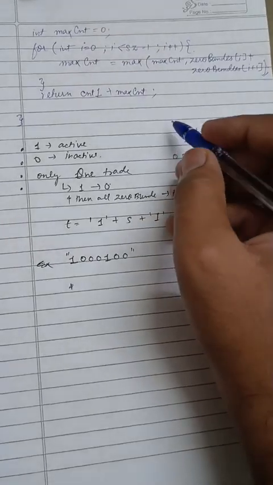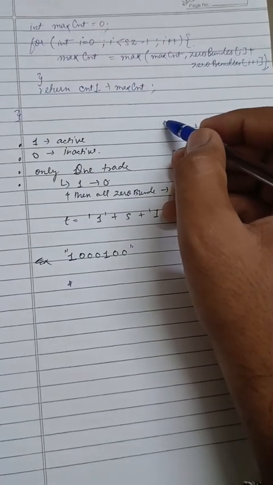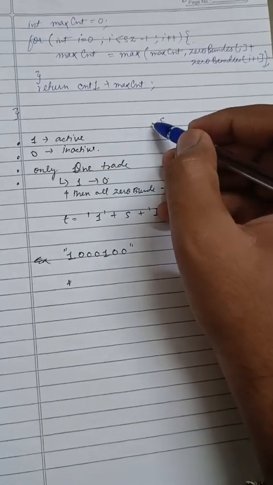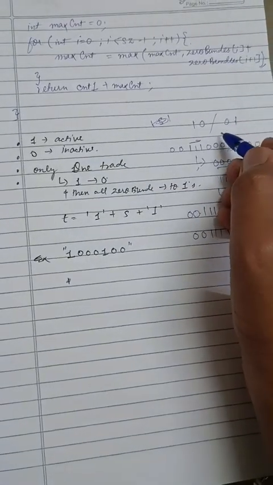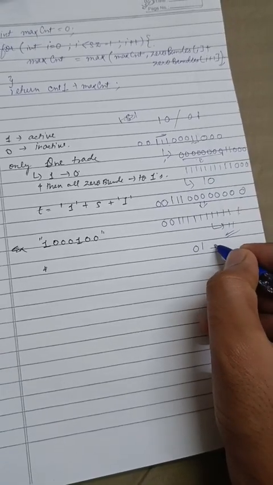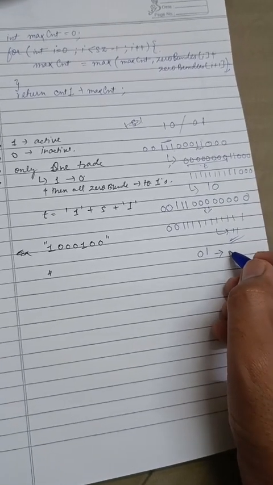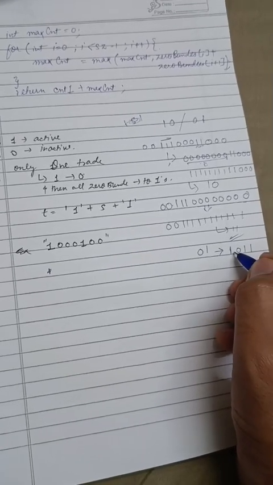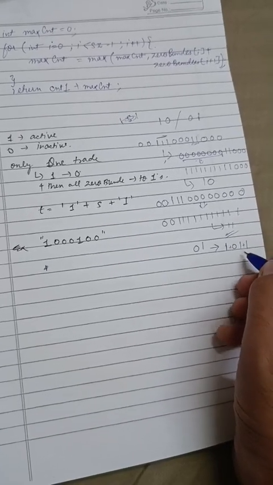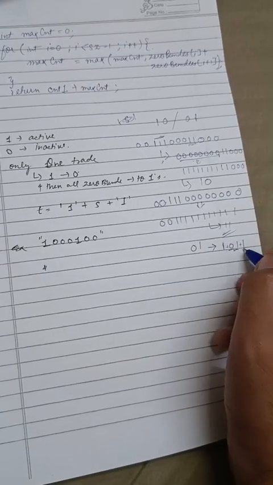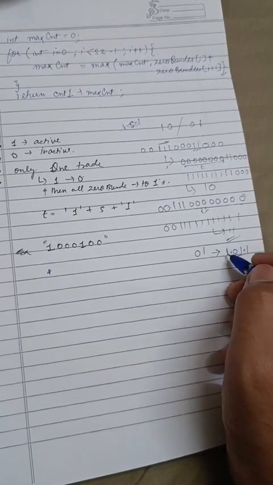There is a remark in the question that you can assume your whole string is surrounded by 1 and 1. That means if the test case is like this, you can imagine the complete string is like this. These two are already added, but the length will be counted for this string only, not these two.